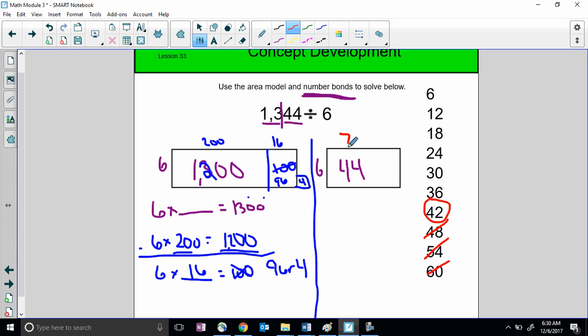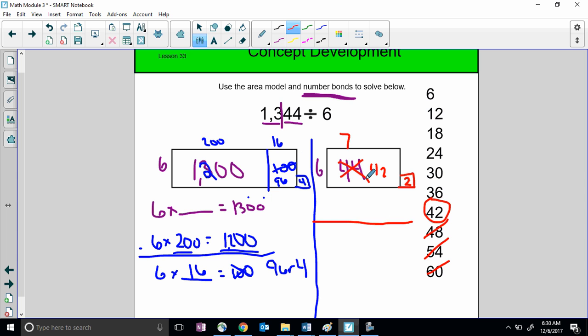Whew, I didn't go far enough. 7. But it doesn't reach 44, does it? It only reaches 42. But if the whole thing has to equal 44, I'm going to have to put a little remainder jail off to the side, like a little annex, and put another 2, because 42 plus 2 is 44.